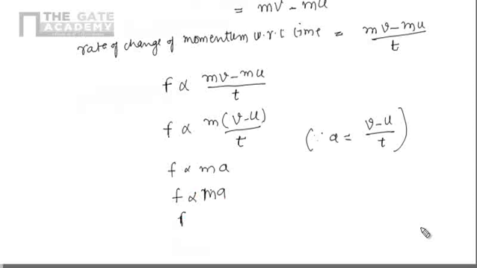If we remove the proportionality sign, a constant will come, and here the constant value is 1. So F equals ma. This is nothing but Newton's second law of motion, which says F is the product of mass and acceleration. Again, if I write Newton's second law in terms of momentum, F equals (mv minus mu) by t. So now I can write F into t equals mv minus mu.